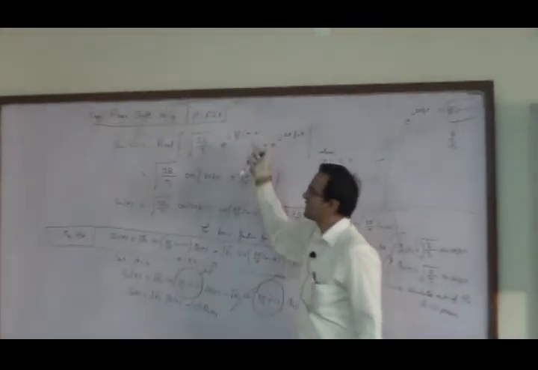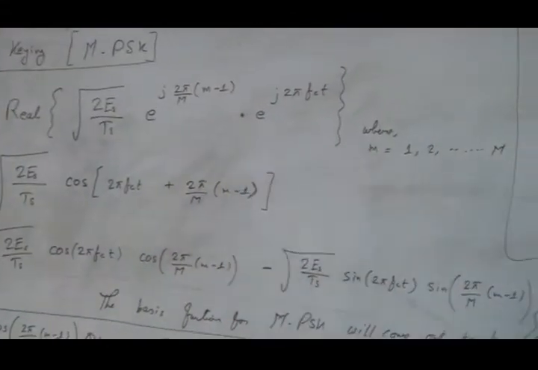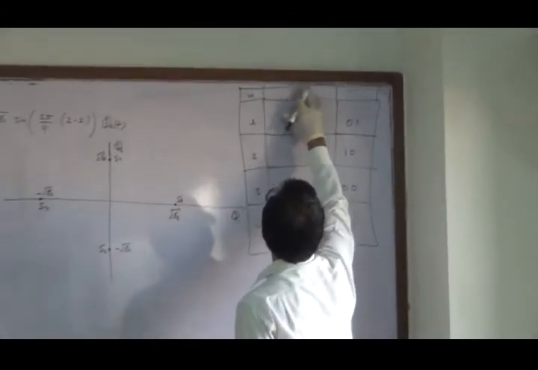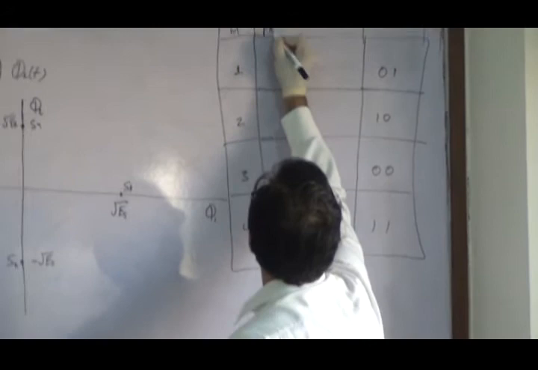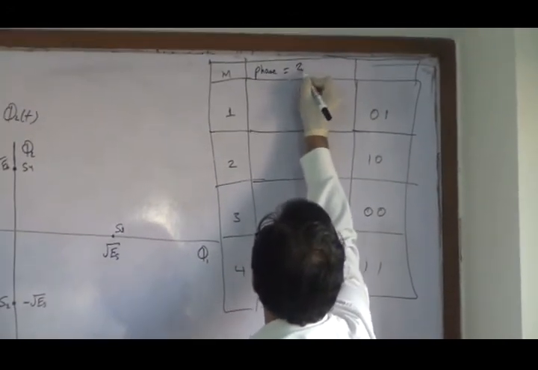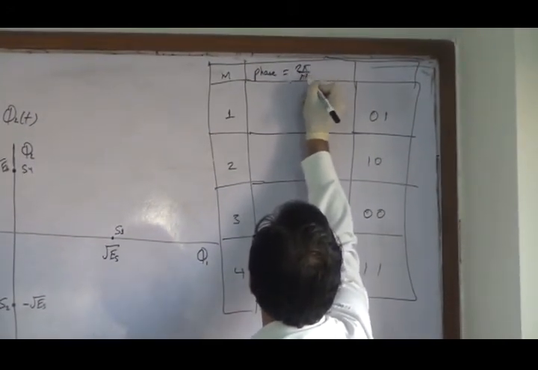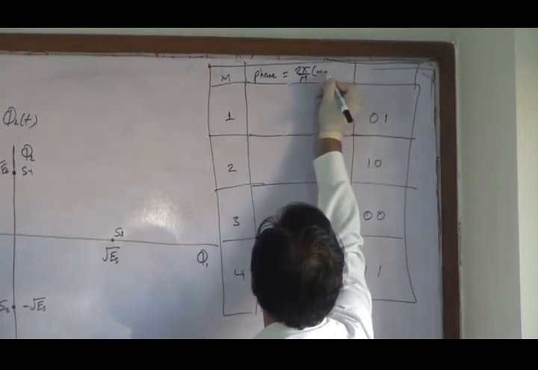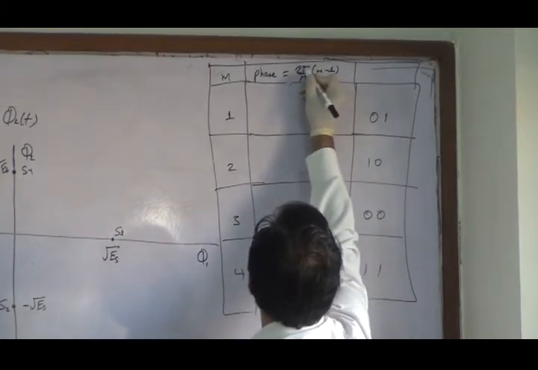So we are going to put this expression in this column. Write it as phase: 2 pi by M times small m minus 1, right?